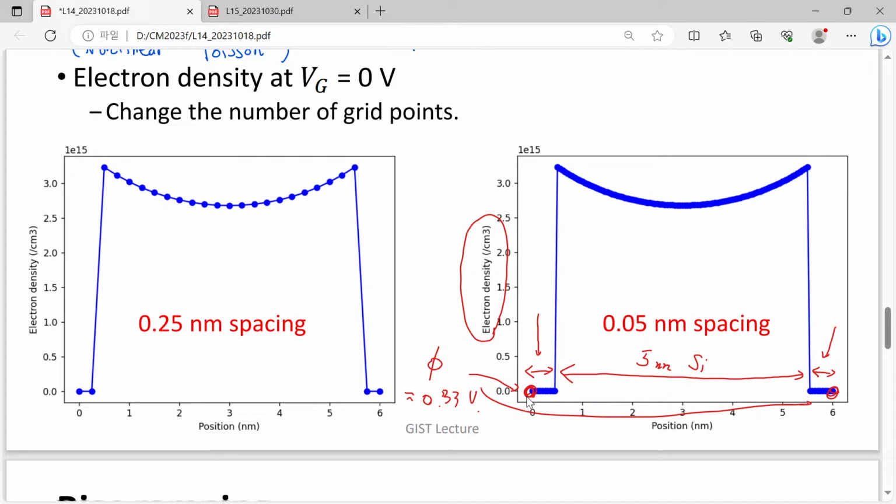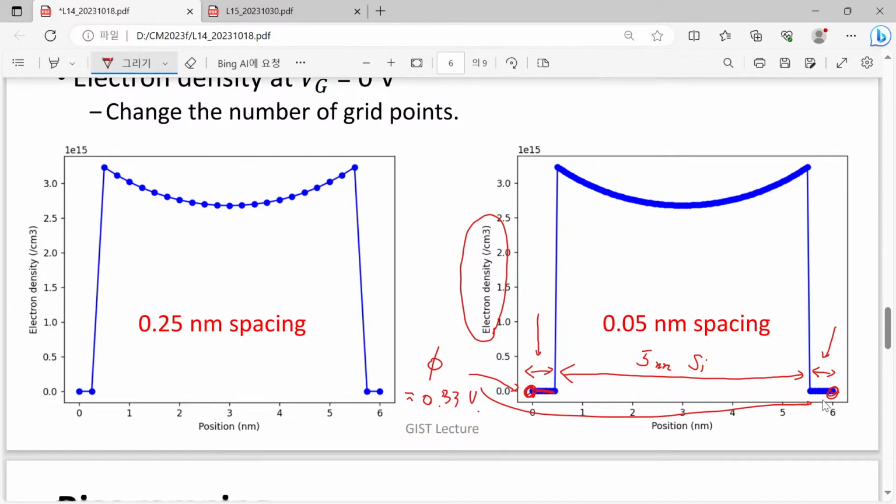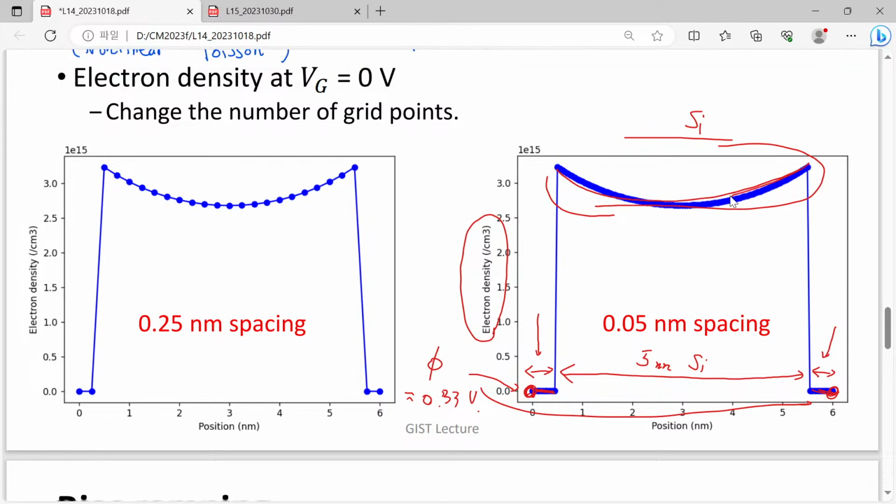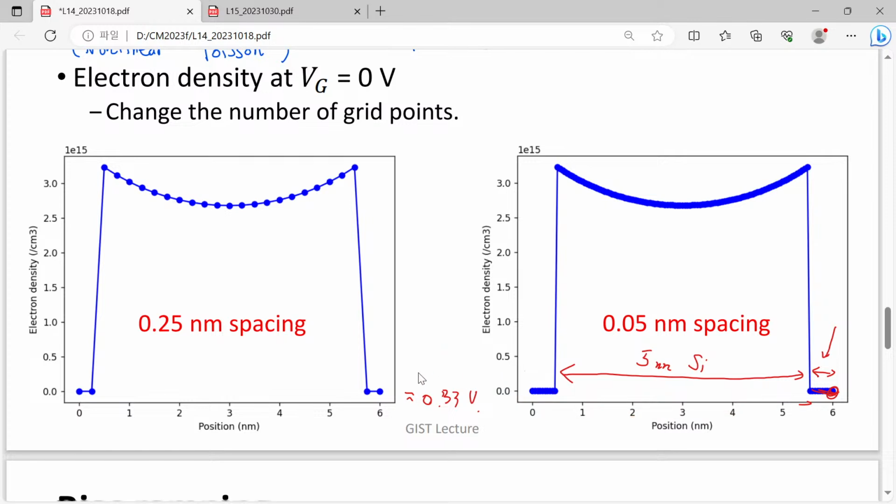That's why we have no electron here and there. Instead, in this part we have the silicon layer, and in the silicon layer we have non-zero electron density.